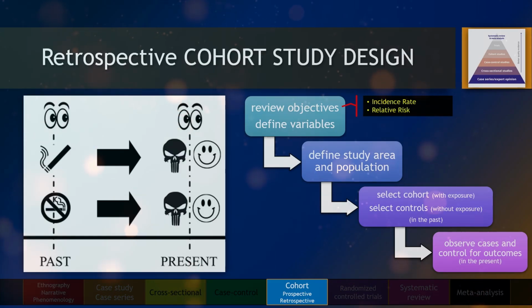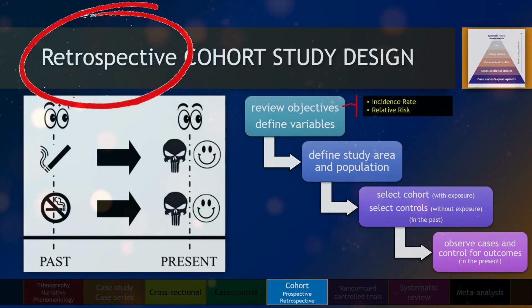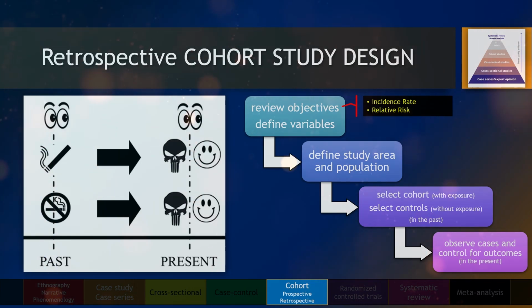Let's now discuss quickly prospective cohort's twin, the retrospective cohort study design. The general steps and flowchart of a retrospective study design is very similar to that of a prospective cohort with subtle differences. For one, instead of selecting cohorts and controls based on their exposure status at present, you select them using their exposure status in the past.